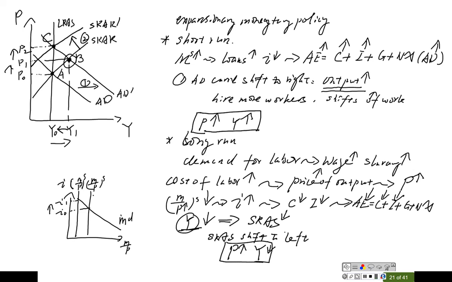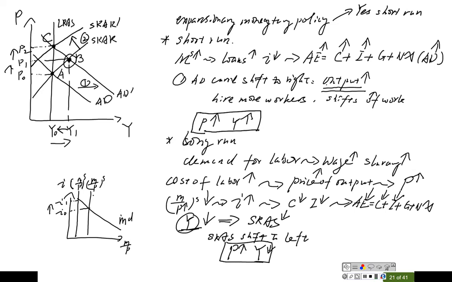So here comes the question: does expansionary monetary policy have an impact on GDP in the short run? The answer is yes. In the short run, when the economy moves from A to B, output will increase.